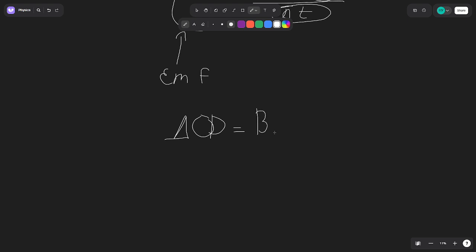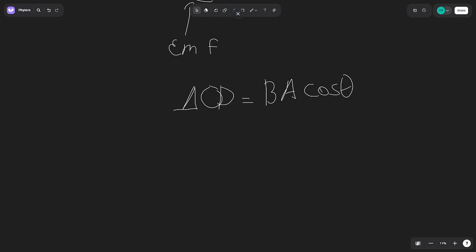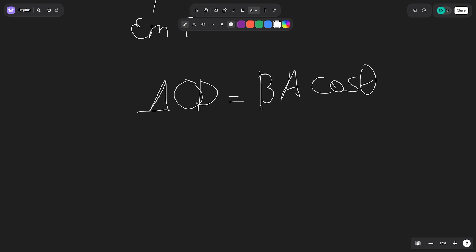It's the magnetic field times area times cos of the angle between the normal line perpendicular to the face of the coil and the magnetic field itself. And to increase or decrease the change in flux, we basically only need to change any of these parameters.